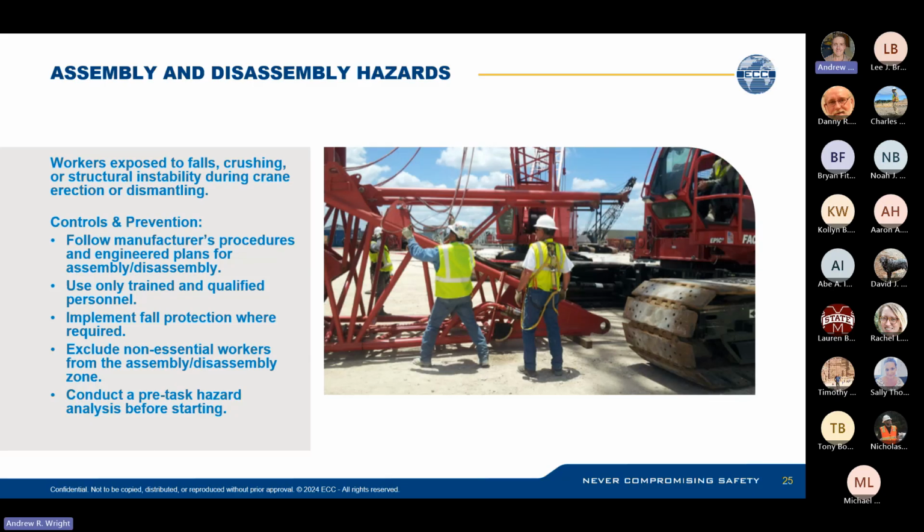We have to implement fall protection wherever it's required and feasible. And we have to exclude non-essential workers from the assembly and disassembly zone. And lastly, we need to conduct a pre-task hazard analysis before we start any assembly or disassembly procedures.